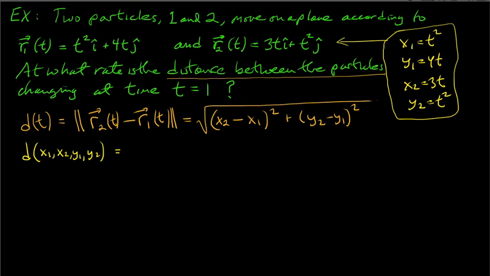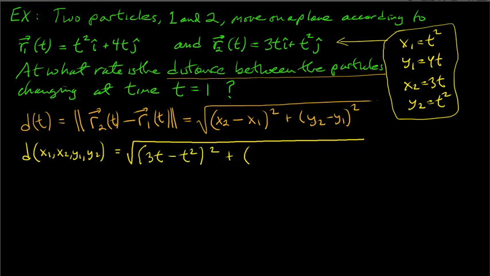Actually, before we do that, we could just do this directly. We don't need the chain rule here. If you want to do it directly, this is the square root of 3t minus t squared, squared, plus y2, which is t squared, minus y1, which is 4t, squared.